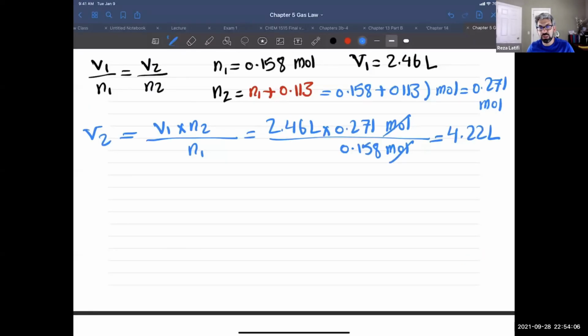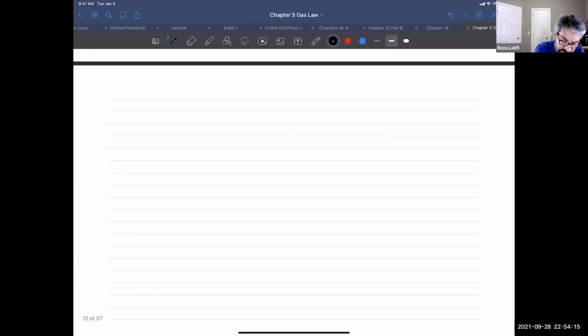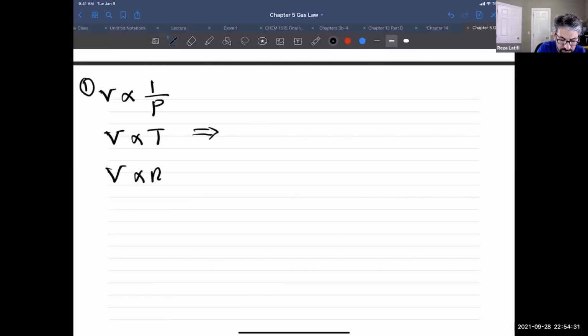Okay, we finished the third law. So now we should be able to come up with a general formula. The general formula will be this: volume directly connected to pressure, volume directly connected to temperature, volume directly connected to number of mole. If I merge these three formulas, let's call them 1, 2, 3, we get this: V indirectly connected to number of mole multiplied by temperature divided by pressure.